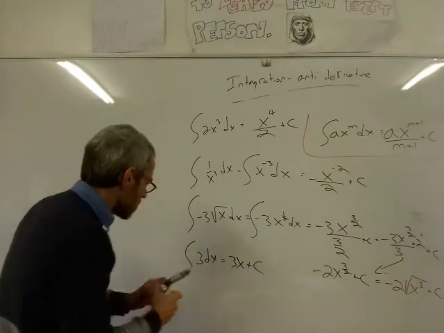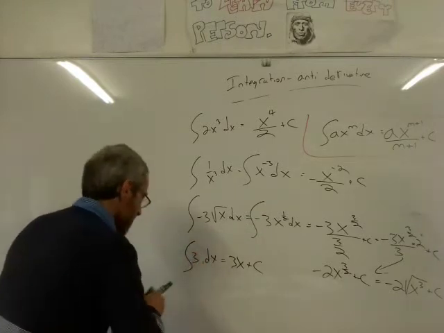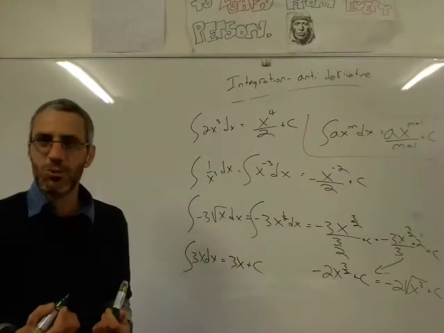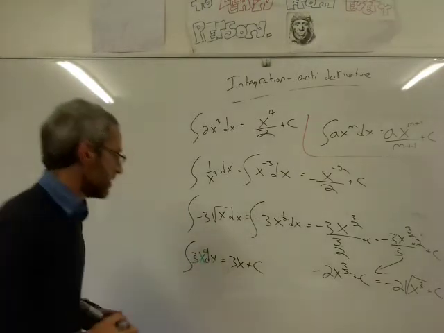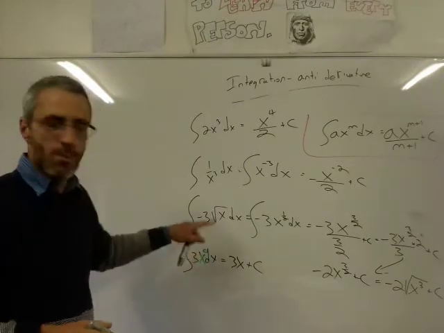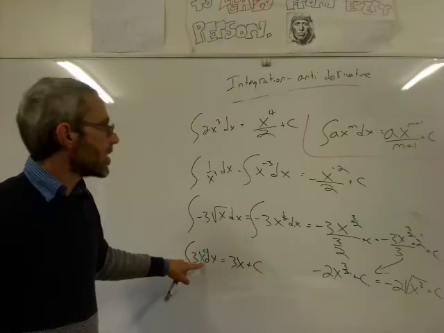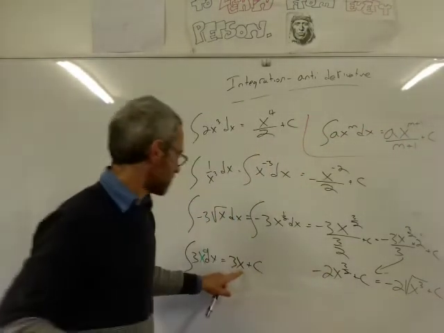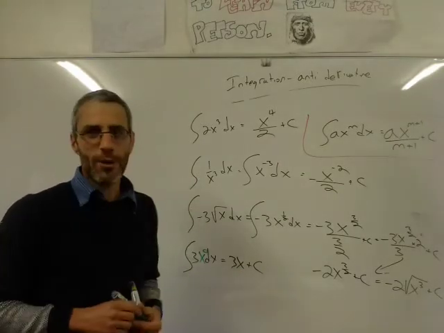So I'll write 3, and if I want to insist on writing in terms of x, then the power of the x must be 0, isn't it? Okay, it must be 0, because x to the power 0 is 1. Okay? But now, if the x power is 0 here, then this must be 0 plus 1. So it should be x to the power of 1, or just x. Okay? Either way, it works.